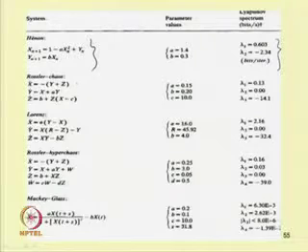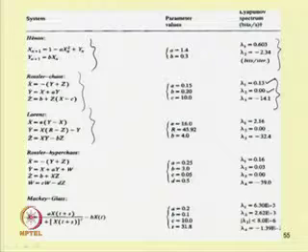Similarly, for the Rossler chaos, this is the equation, one can find these 3 Lyapunov exponents, and here one can see that one of them is 0 and one is positive. As one positive Lyapunov exponent is present, the system is chaotic. Similarly, for the Lorenz attractor, one can see one of the Lyapunov exponents is 0, another is positive and the third one is negative. Due to the presence of this positive Lyapunov exponent, the system is chaotic.